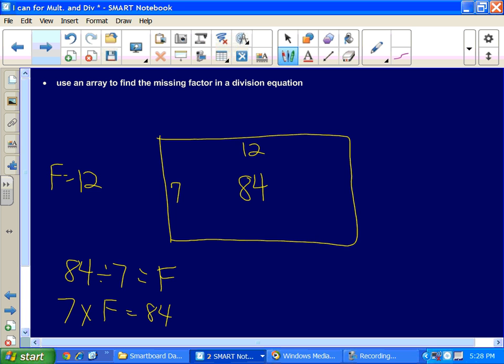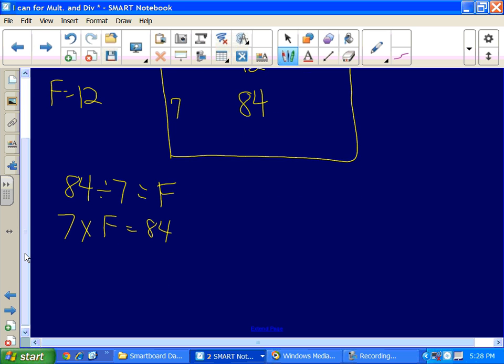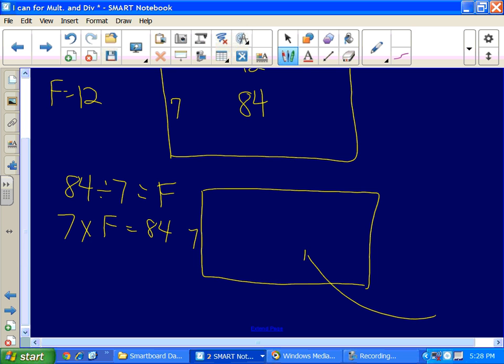One of the strategies, if you didn't know that already, and you had me working with a larger number, let's take that same one. So this is 7. You know that 84 is the total amount in here. So first of all, if I did 10 in each of those 7 rows, I would have 70.